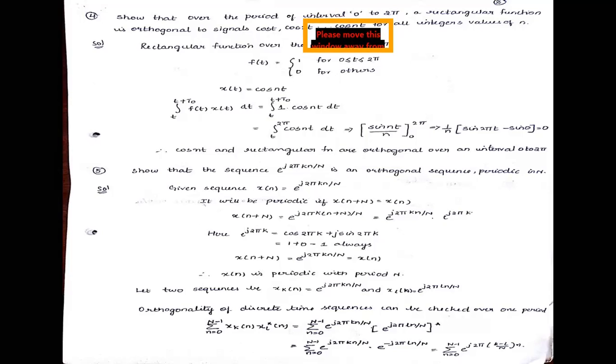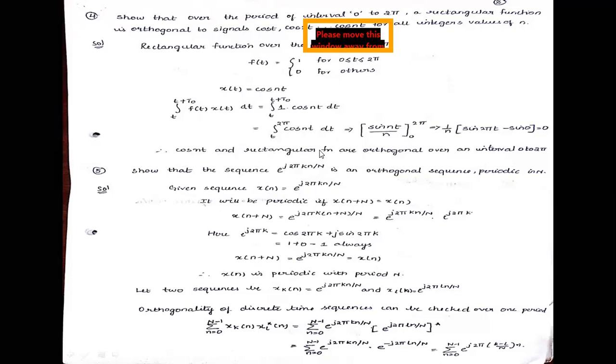Otherwise, if it starts from n equal to 1, the upper limit is capital N, and then you get N terms. Since I am using n equal to 0 to get N terms, the upper limit is N minus 1 because 0 is there already. So 0 to N minus 1 means totally N terms.